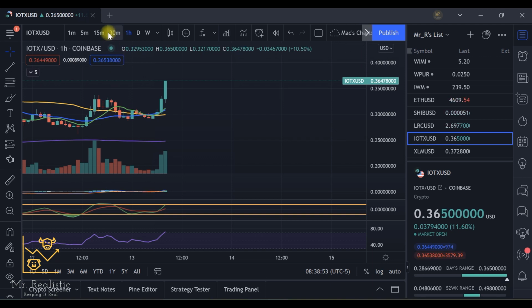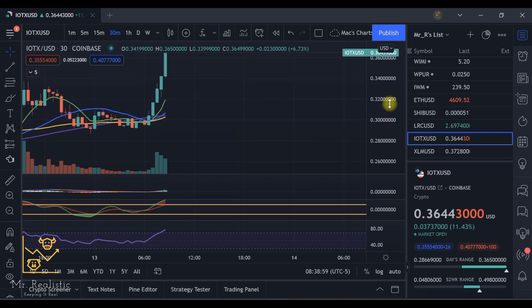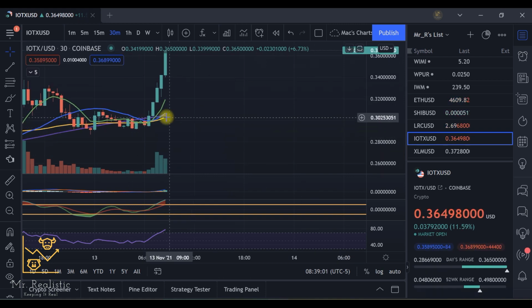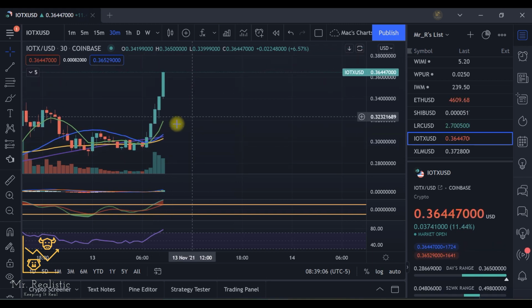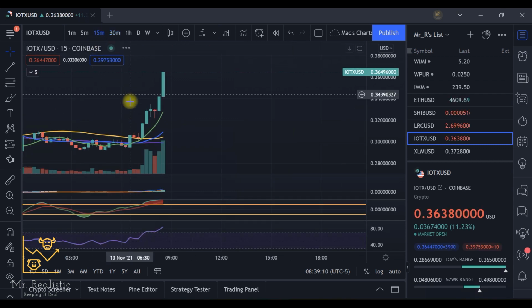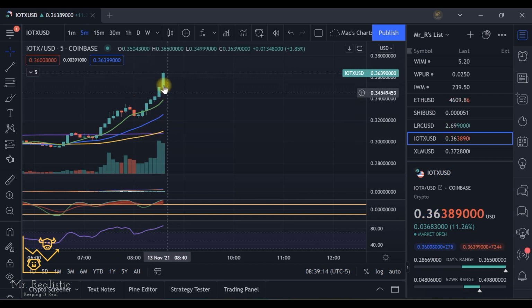I told you all this is going to be nuts. Waiting on the 30-minute right here. On the 30-minute, look how the 50 is starting to curl up because of the volume pickup. Popping up right here as well. Very beautiful. We already know this is bullish. 5 minutes bullish. Why it's all going up.